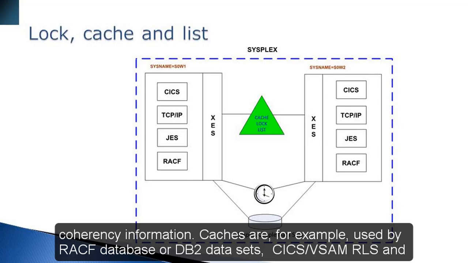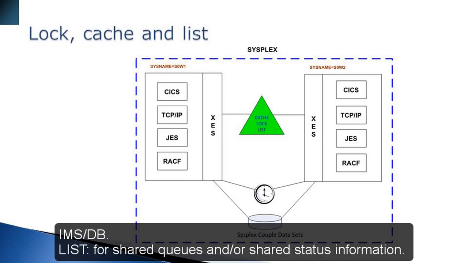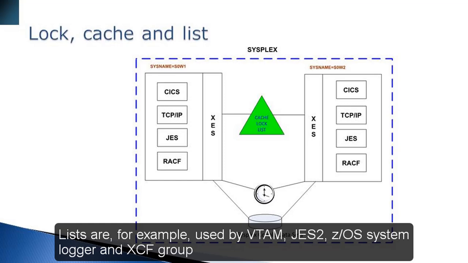Caches are, for example, used by RACF database or DB2 datasets, CICS VSAM RLS and IMS DB. List for share queues and or share status information. Lists are, for example, used by VTAM, JES2, System Logger, and XCF group members for signaling.